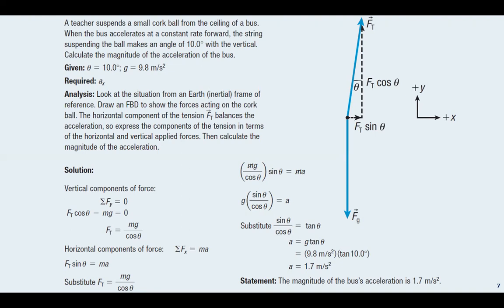So the vertical components of the force: the sum of Fy equals 0, right? And this gives us F tension cosine theta minus Fg equals 0. So the tension force equals mg over cosine theta.